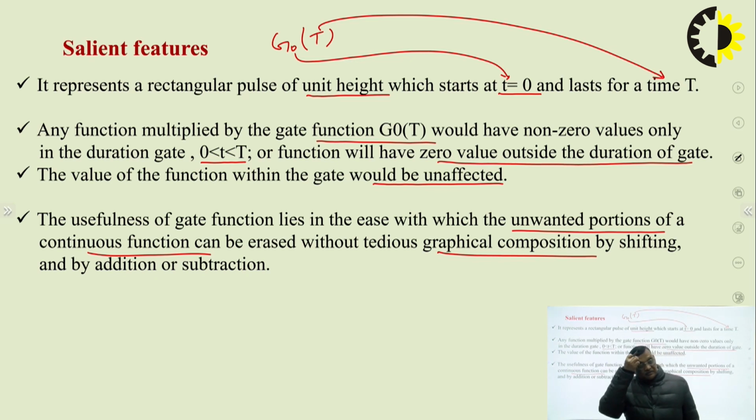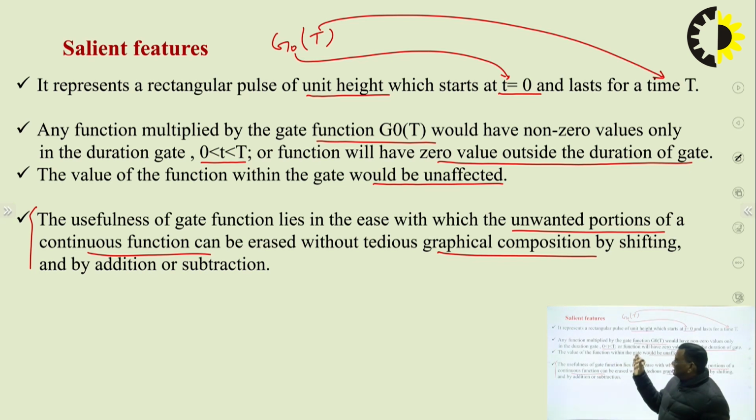If you remember, by using the singularity functions, unit step, ramp or shifted unit step, we just add and subtract to get the required waveform. In this case, if we multiply the function with gate function, we need not carry out the graphical composition. We will understand this with the help of some examples to carry out the waveform synthesis using the gate functions.